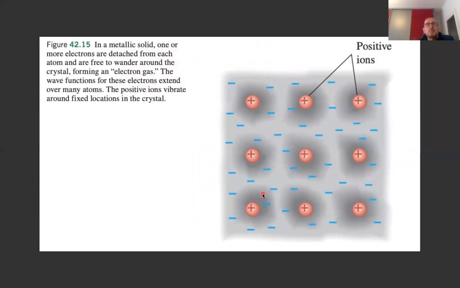Metallic bonding is the energy of embedding an ion in a sea of electrons. And this is actually not very directional. This is why you can bend the metal and still hold the structure of it, which is different from a diamond. If you bend the diamond, you break the diamond.